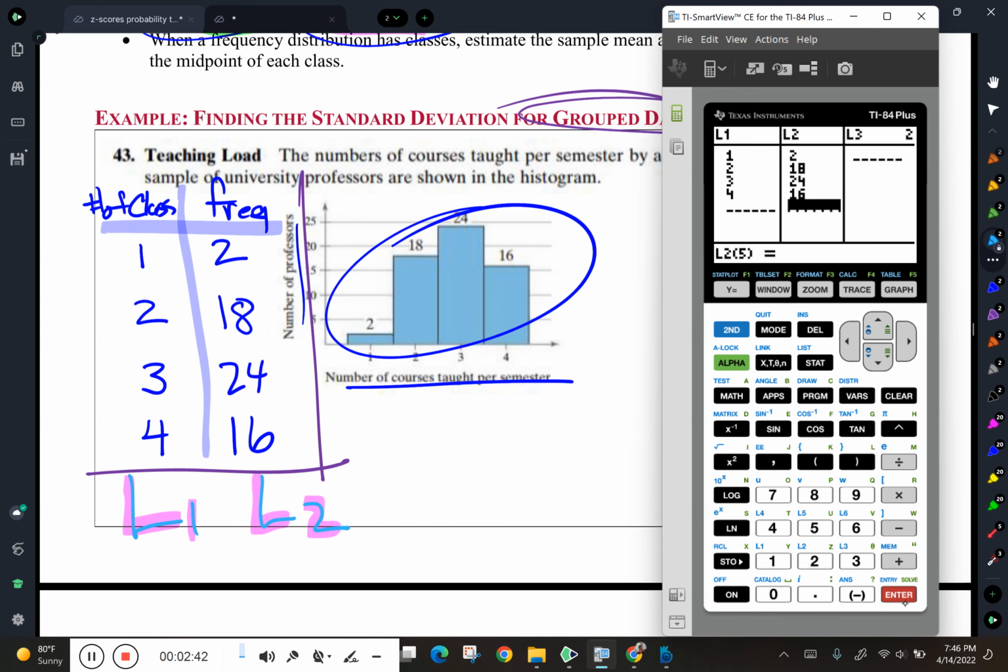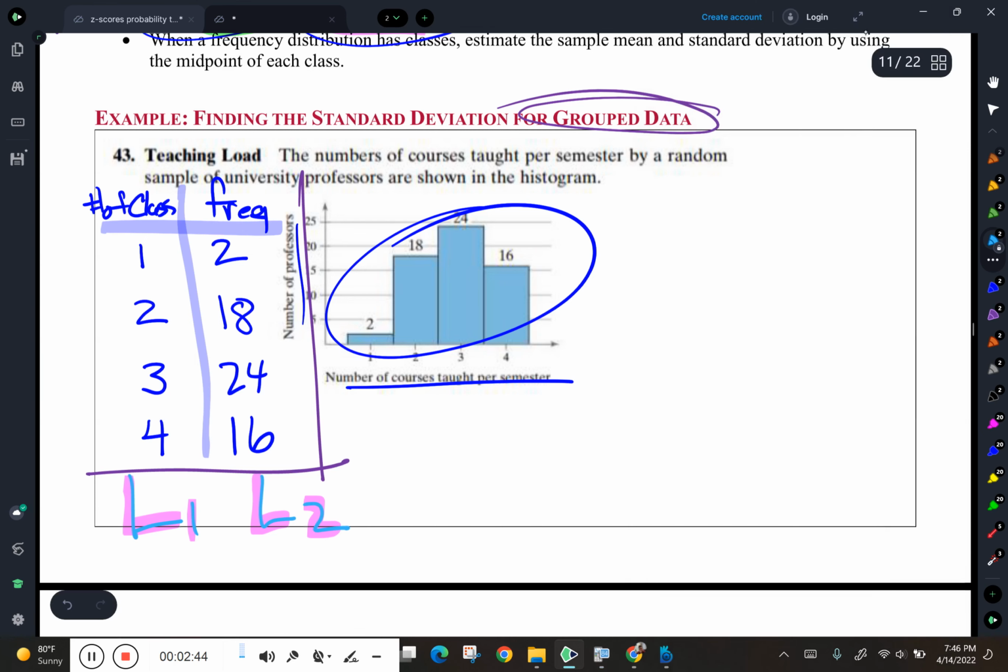One thing I want to talk about real quick is, remember when we first made our frequency distribution?